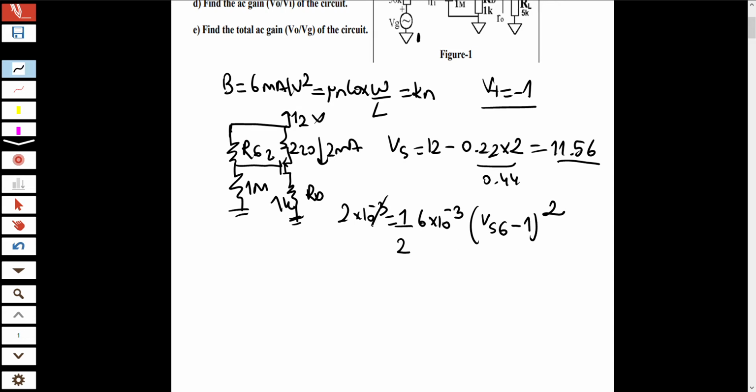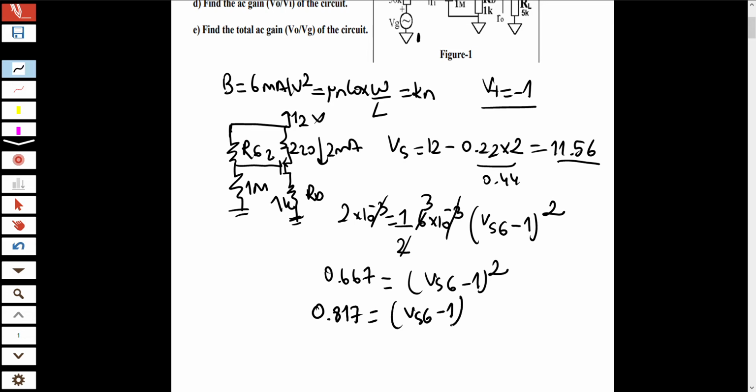So if I make the necessary cancellations here, 0.667 equals V source G minus 1 squared. So 0.817 equals V source G minus 1. So V source G equals 1.817. I'm checking, and this is true.